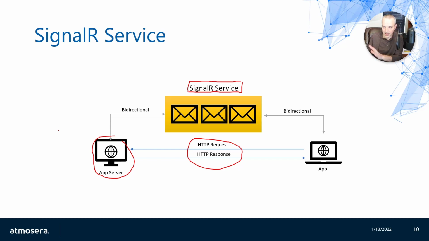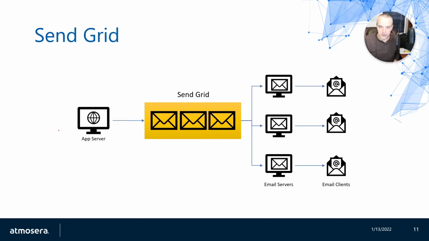That's what makes this a client-focused messaging platform, but it would integrate with a backend service, something like Service Bus. However, it is possible to connect Service Bus up to a web client directly, and you can do that. However, SignalR just gives you a lot of libraries that provide the abstraction that make it a lot easier to do. So the last one I want to talk about is SendGrid.